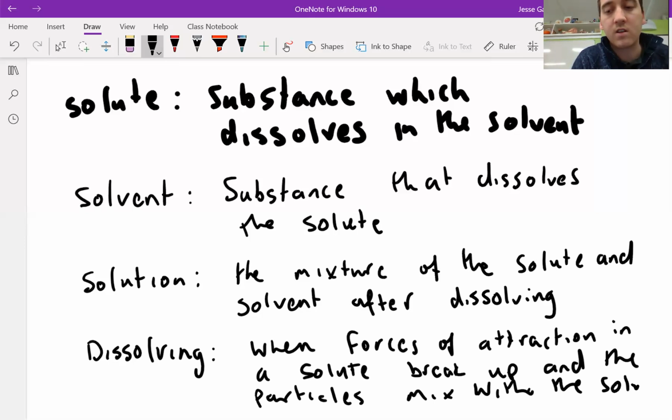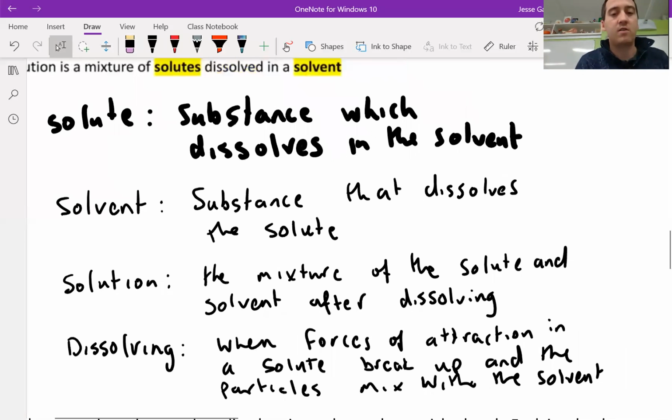That is what dissolving is. The particles of the solute can then mix with the solvent. We've got 4 keywords, really important words that we understand, that we know, and that we can explain.